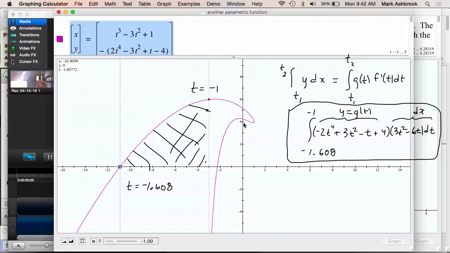Okay, so let's predict it and then check it. So this is the point negative 3, 6. If we made our rectangle out of this, what would the area of this rectangle be? This is negative 3, and this is about negative 11.